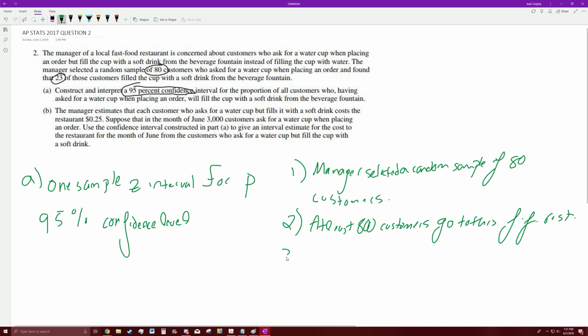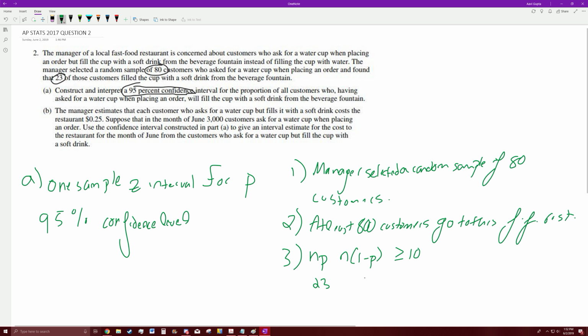And then 3, the normal condition. This is basically that n times p and n times 1 minus p are both greater than or equal to 10. Well, n times p, we know that's just 23.